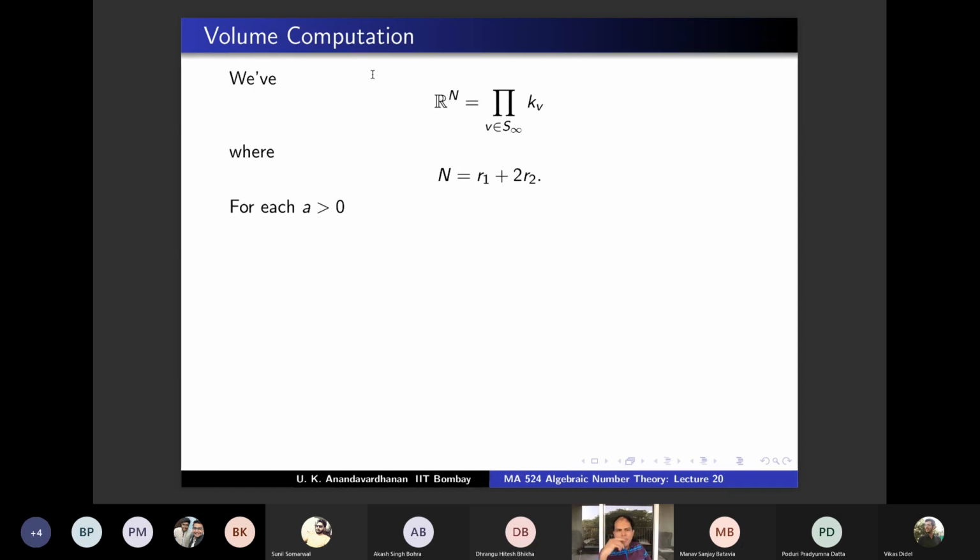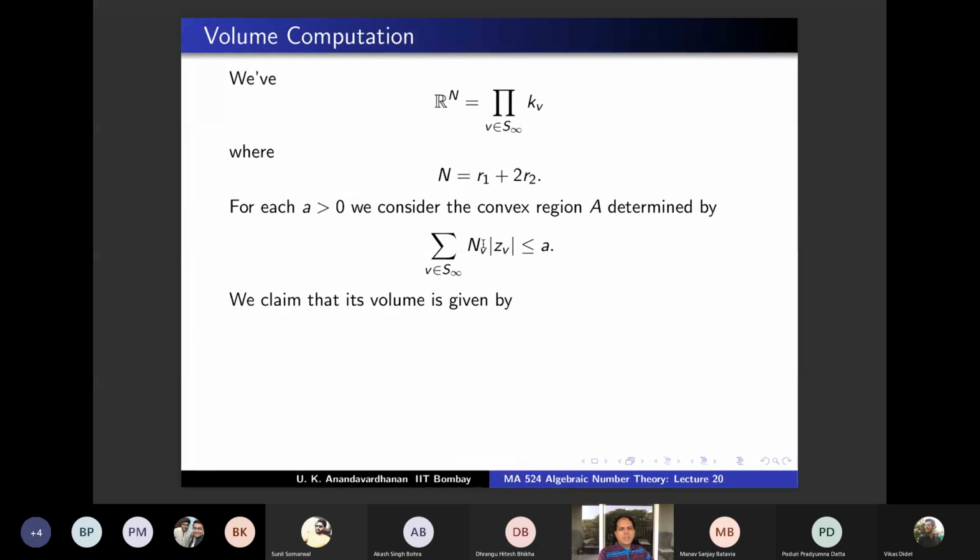Now we are going to do some basic integration. For each A positive, you consider the convex region determined by the summation of n_v times mod z_v less than or equal to A, the tuples z_v such that this is true. What is n_v? n_v is 1 if v is a real embedding and n_v is 2 if v is a complex embedding. And we claim that the volume of this convex region is given by this formula.